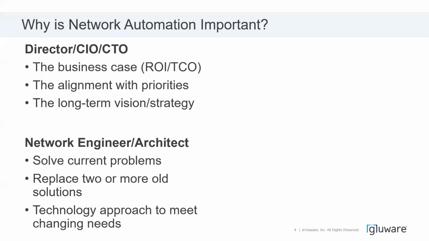Some of these tools are very single purpose. Some are just ingrained in the process, so they're difficult to change. But as they evaluate new products, they're always looking at what you can replace. Often a benchmark in network engineering and architecture is, hey, you've got to at least replace 2 or more of these old or legacy solutions, and give me a way to do it better and help me consolidate.